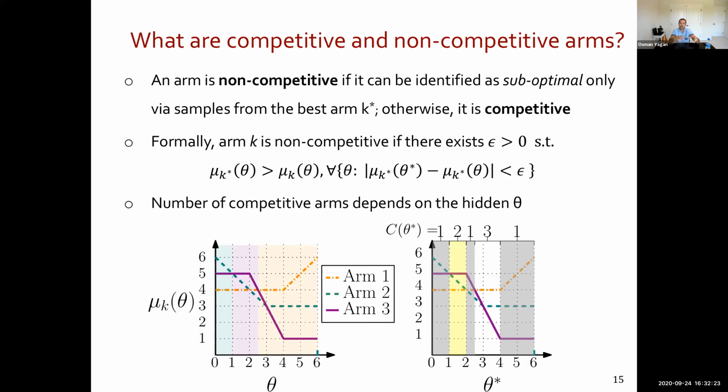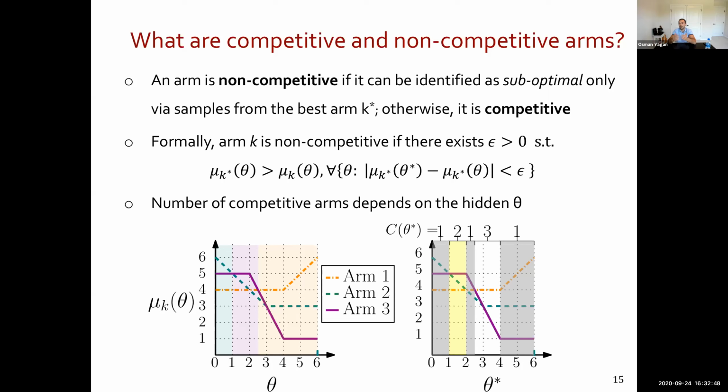So if I give you the option to choose the best arm, you can get as many samples as you want. And from those samples, if you have enough idea about the hidden parameter theta, that lets you say, well, this arm or this set of arms can never be optimal under this theta, or when theta takes its values from this range, then those arms are actually non-competitive.